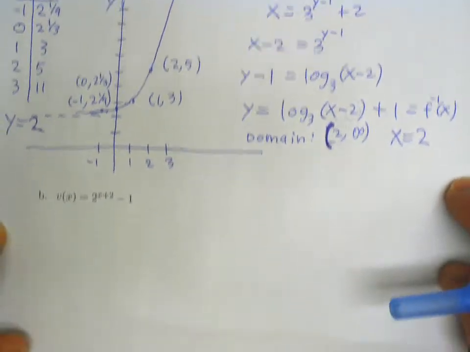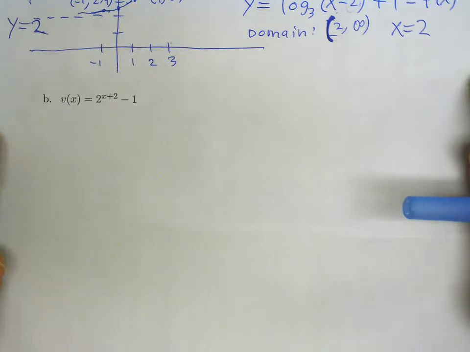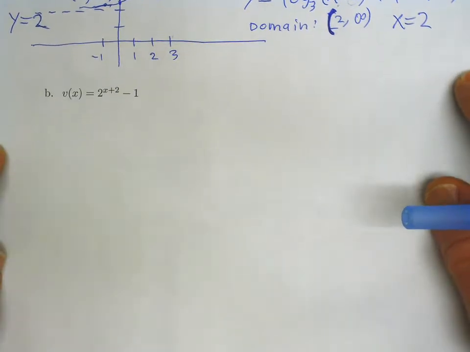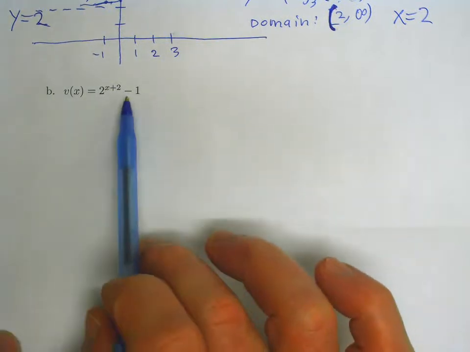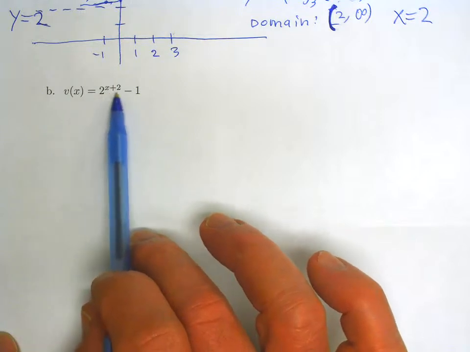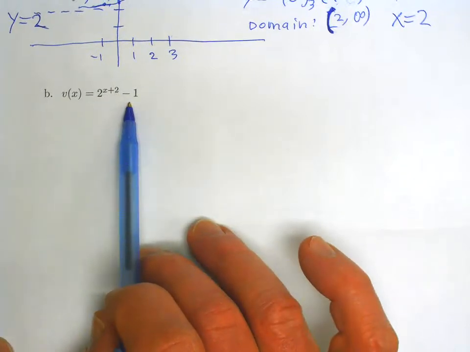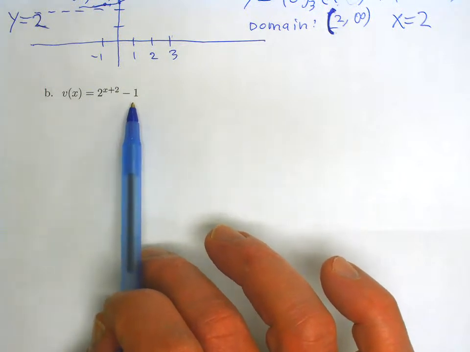Okay, for the next function, sketch a graph of this exponential function, v of x equals 2 to the exponent x plus 2 minus 1. Okay, since we're subtracting 1 from 2 to the x plus 2, this means we have a horizontal asymptote of y equals -1.